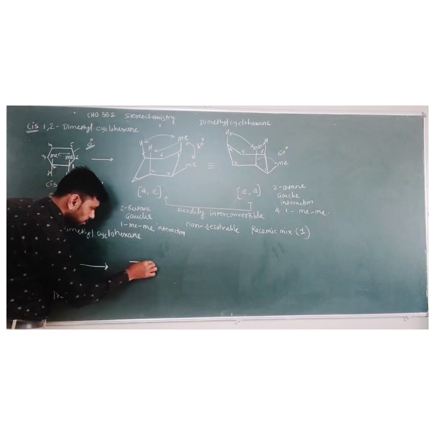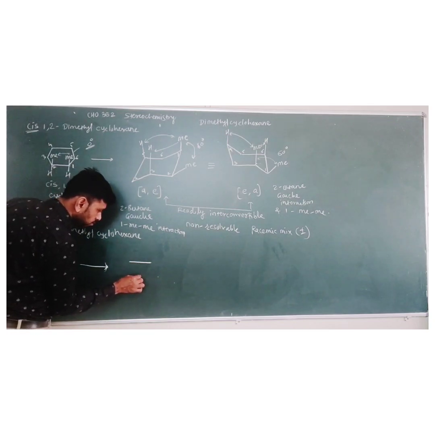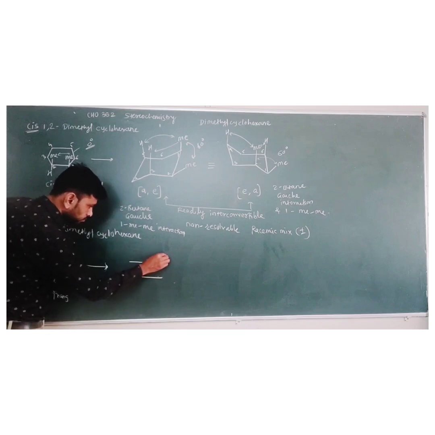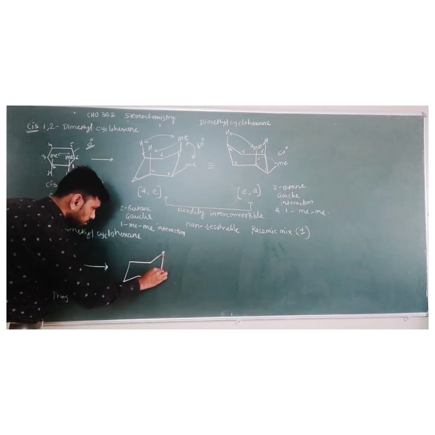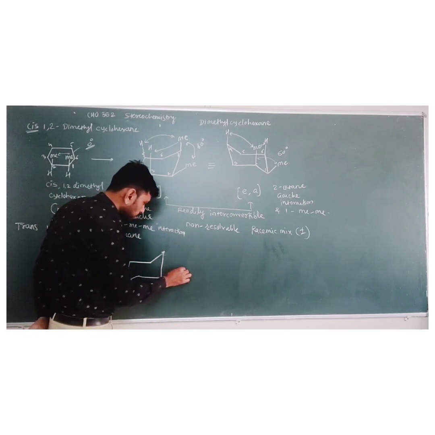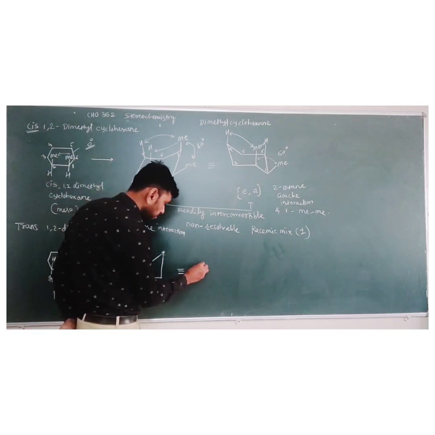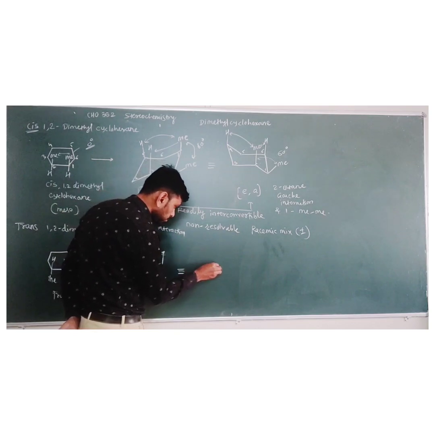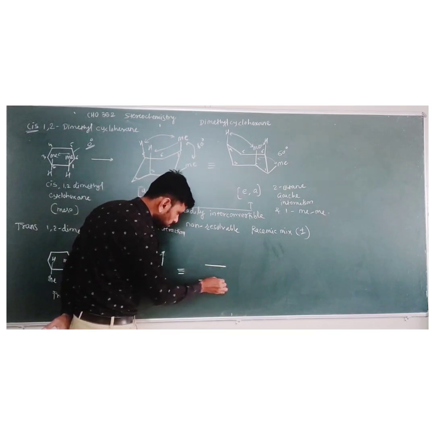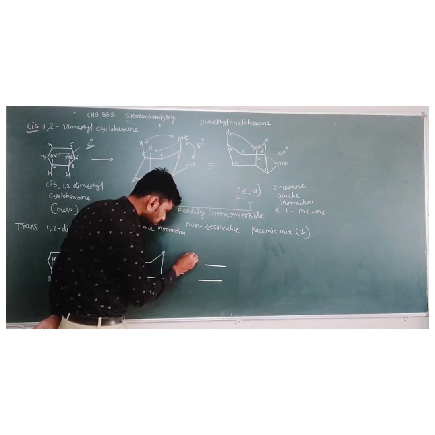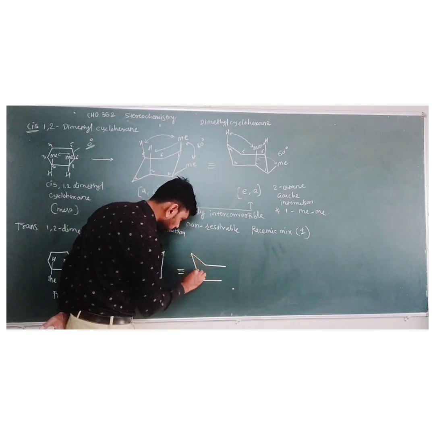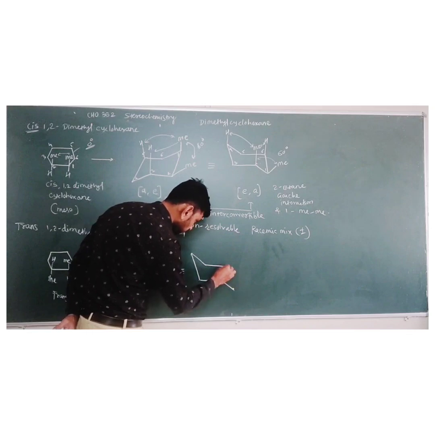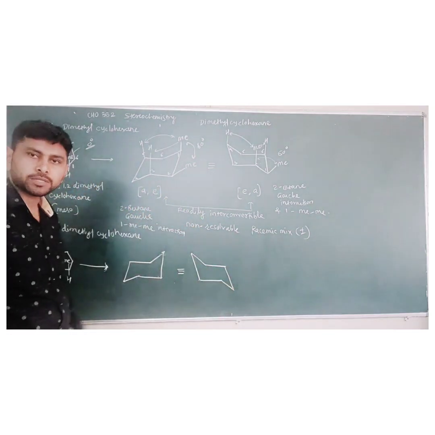So see the first chair conformation, draw the chair conformation, and now this can be converted to another chair conformation. So there are two chair conformations.